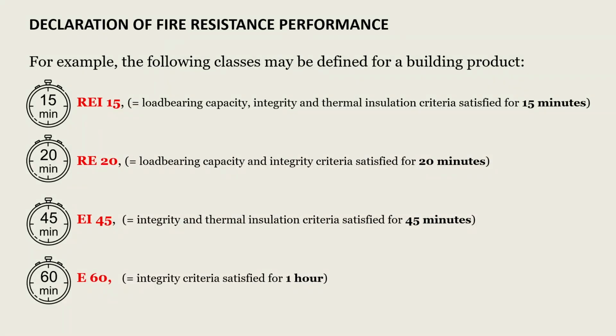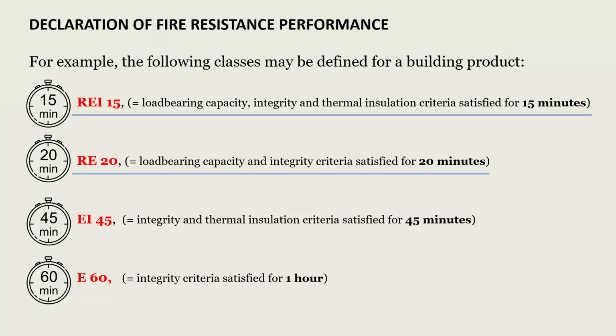Here are some examples of fire resistance performance classifications for a building product. Each classification reflects the duration for which specific criteria are met. For REI 15, the product satisfies load-bearing capacity, integrity, and thermal insulation criteria for 15 minutes.